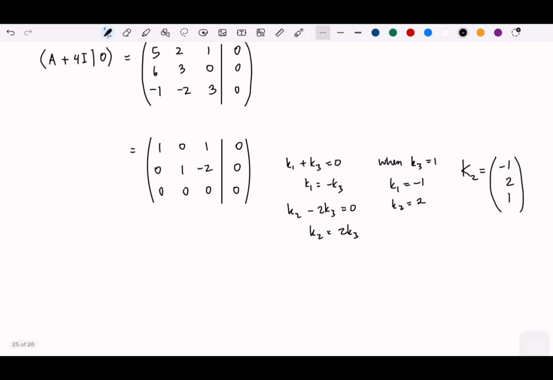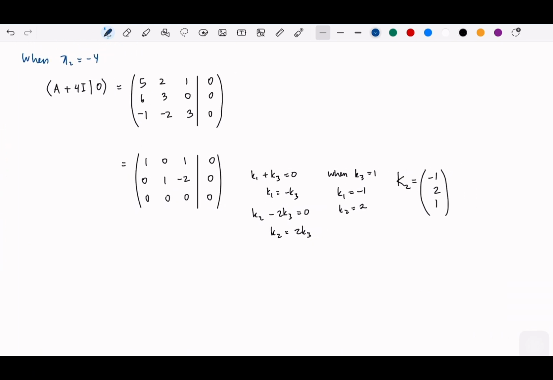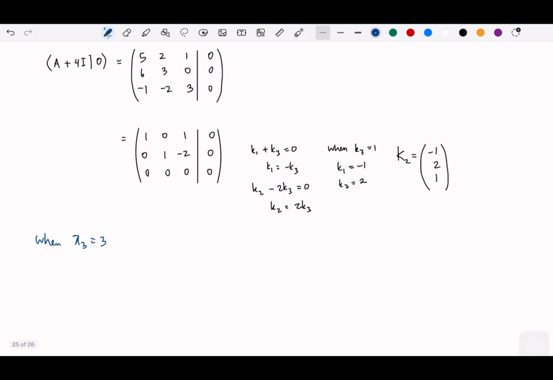And the same thing for the third one, when lambda 3 is equal to 3. With some row operations, again, I will skip some steps here, just showing you the important values.